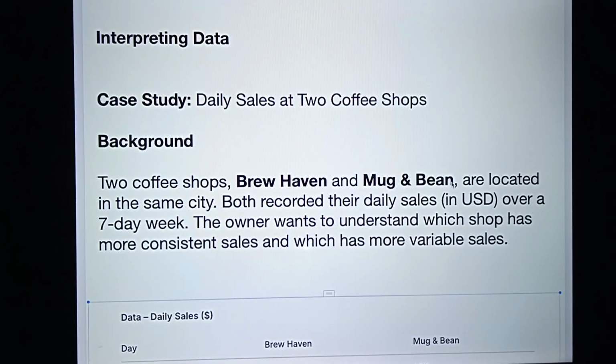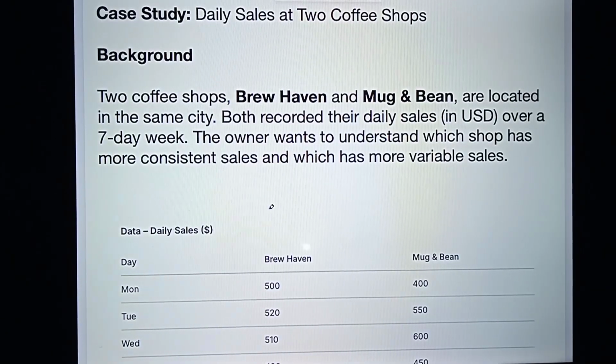This case study naturally connects measures of central tendency with measures of dispersion and creates curiosity about why the average alone is not enough. So let's begin.